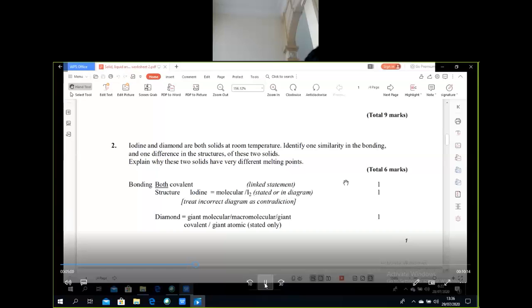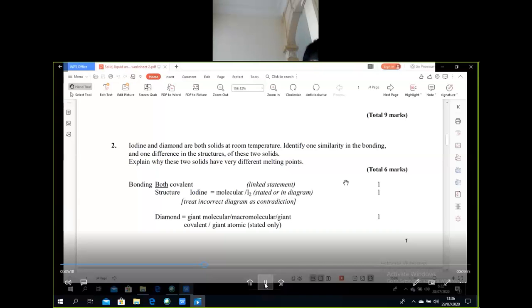It does not become liquid or gas, different from iodine. Identify one similarity in the bonding and one difference in the structures of these two solids. Explain why these two solids have very different melting points.